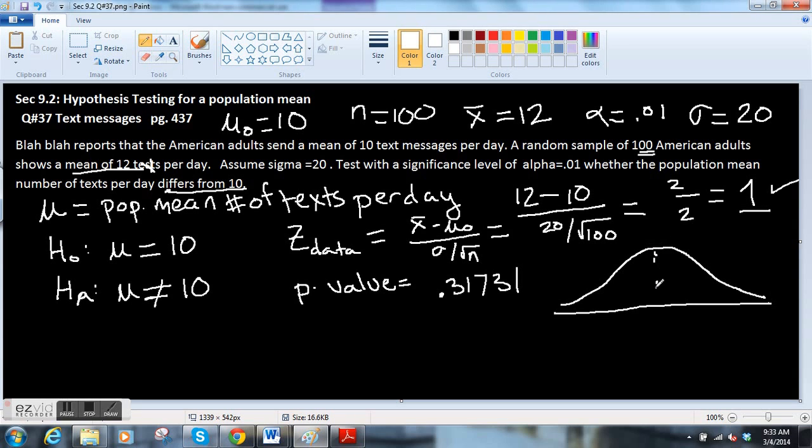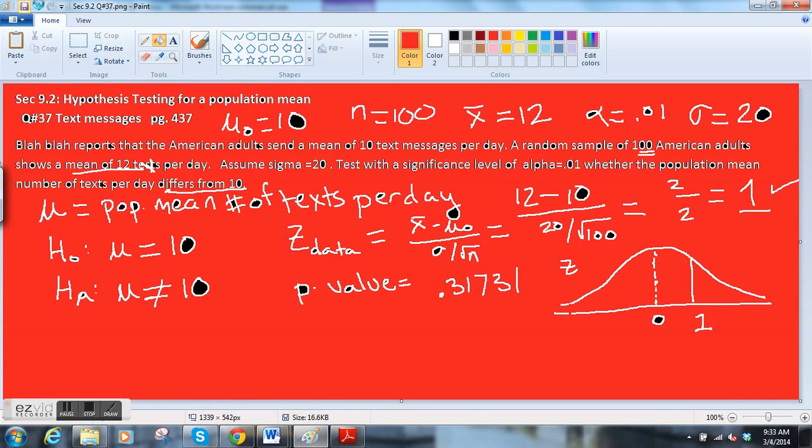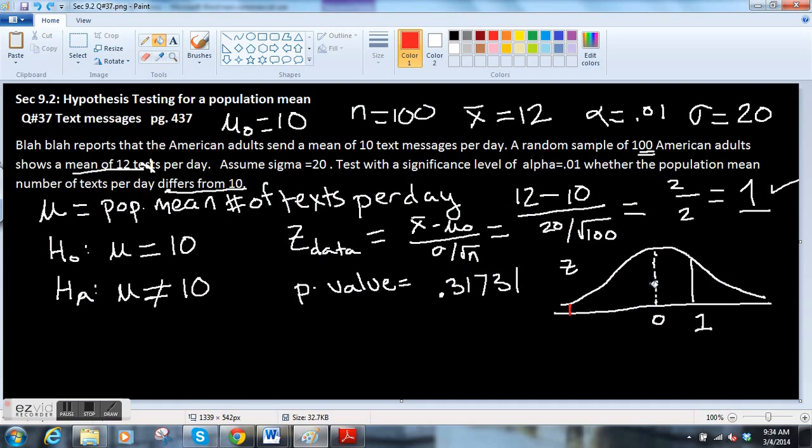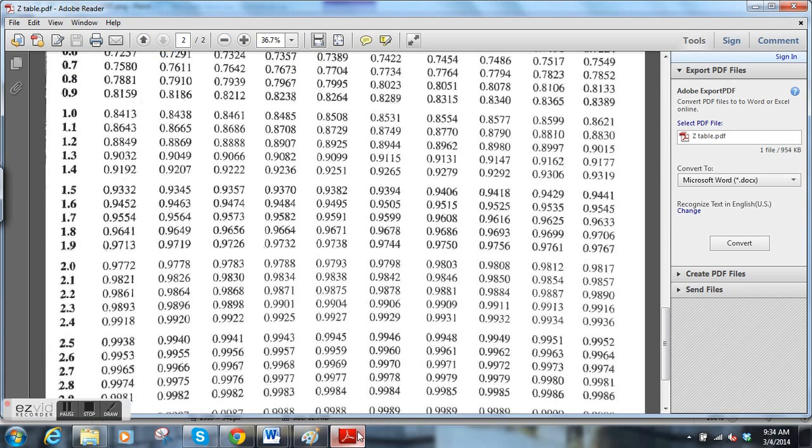So here's a Z. I'm going to show you how you can find this by hand. Here's a Z curve, and we say our test statistic is 1, so it's about here. This area here, I have to close it off. Right here, we can get on the Z table. Go to 1, 0.84, do you see right here?